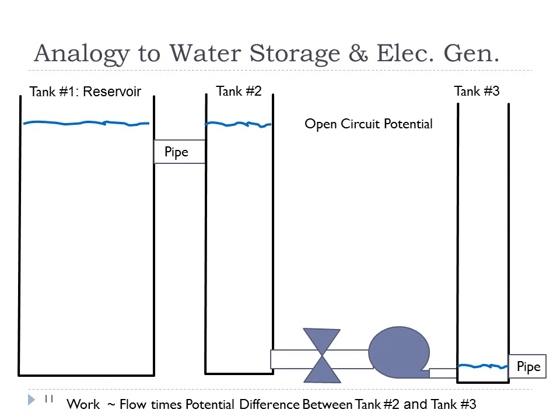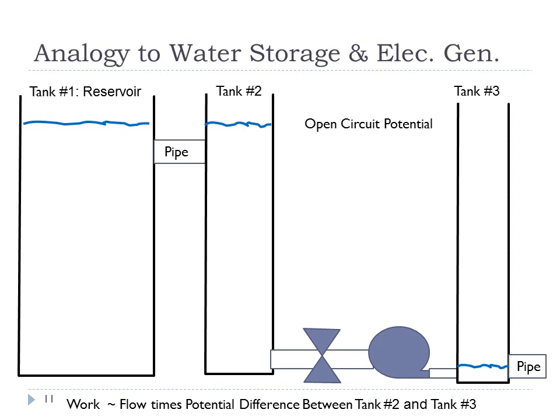Following tank 3 we have another pipe, and the output of the pipe is a river at ground level. So from that last pipe the water has no height. It can just flow out into the environment.